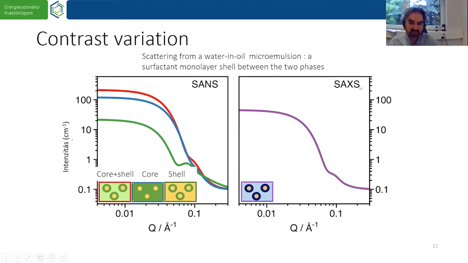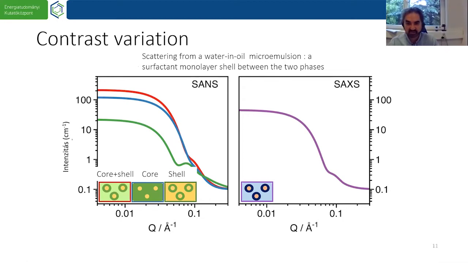Now, we can compare neutron scattering with X-ray scattering. In X-ray scattering, normally we don't have the possibility to vary the contrast, and that's why here we have only one curve, and this curve is definite, so we cannot play with it.